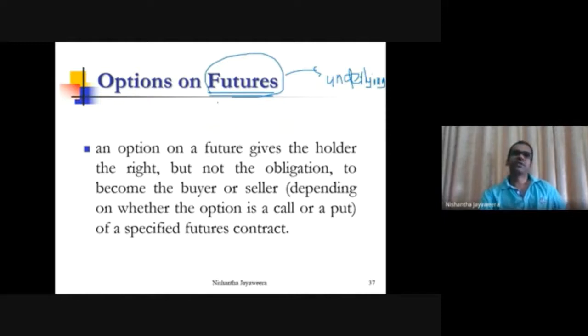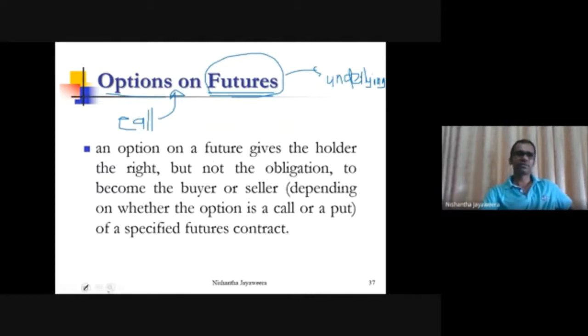So, an option on a futures contract. Then what does it give you? If you're a buyer of an option, say a call option, what is the right you get? If you buy a call option on futures, what is the right you get? You get the right to buy the futures contract.